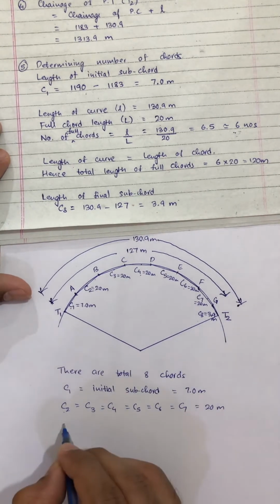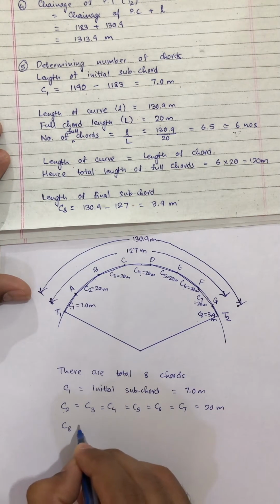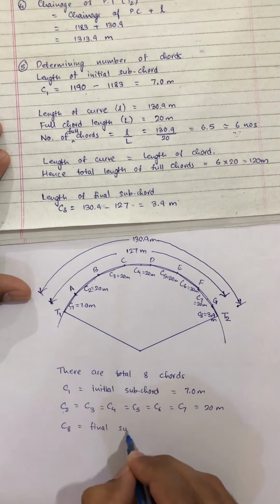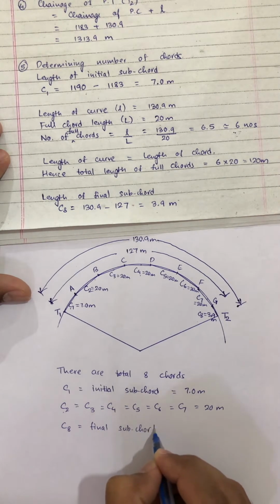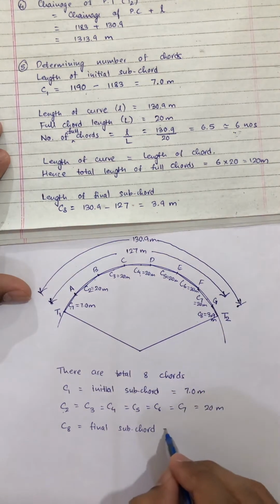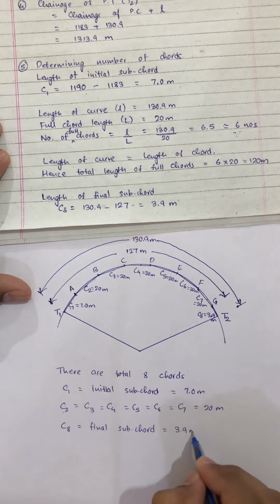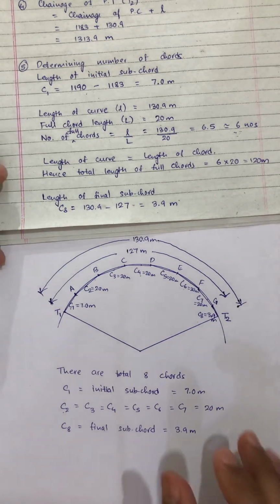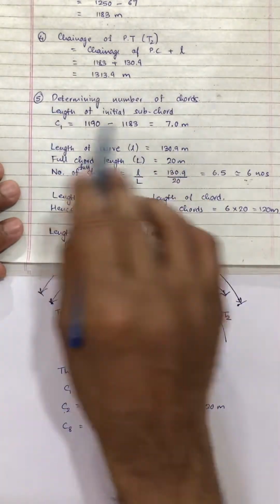And again, one last chord, the final subchord, is equal to 3.9 meters. So here we have determined the number of chords.